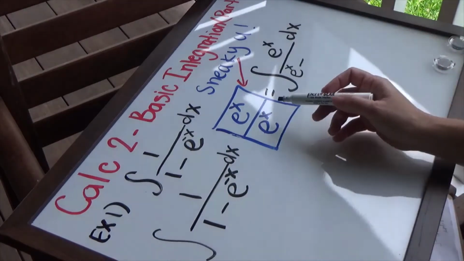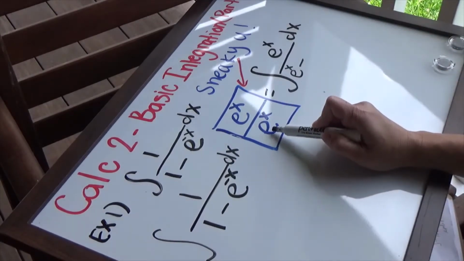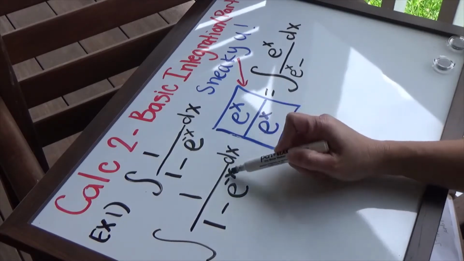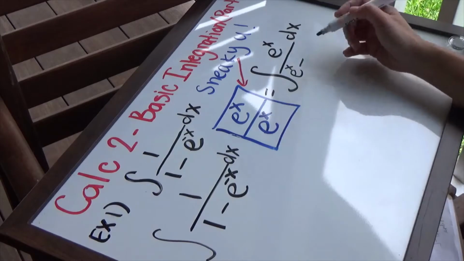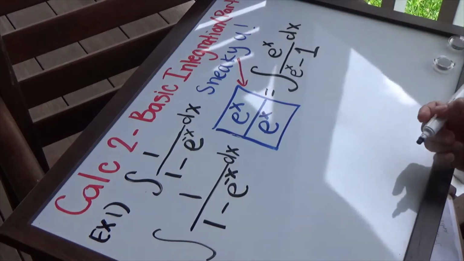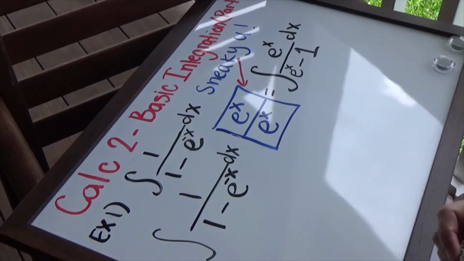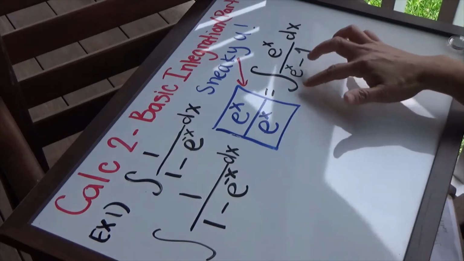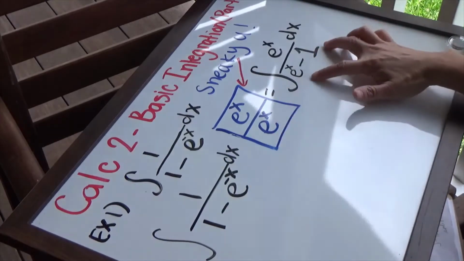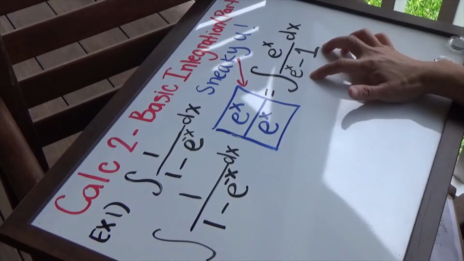We know that when we multiply, we keep the base the same, which is e. You add the exponents, and negative x plus x is 0. And we know e to the 0 power is 1. Okay, so look how sneaky that becomes, right? This is pretty awesome. That sneak attack right here will get you this nice looking expression right here.